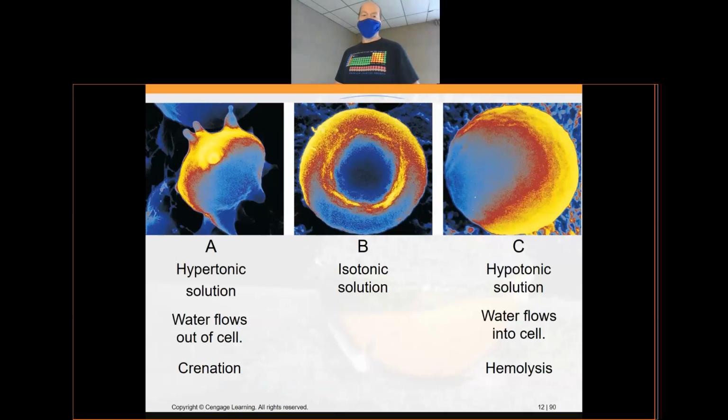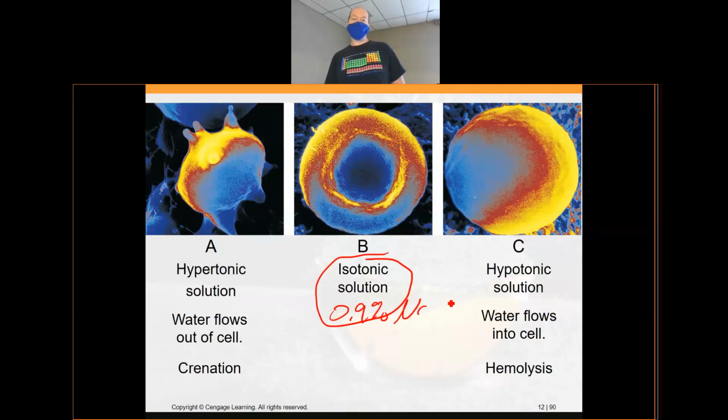All right, so in biology, you have your different cells. Isotonic solutions mean the exact correct amount of solute. So saline solution is 0.9% sodium chloride, and your glucose solution is 5% glucose.